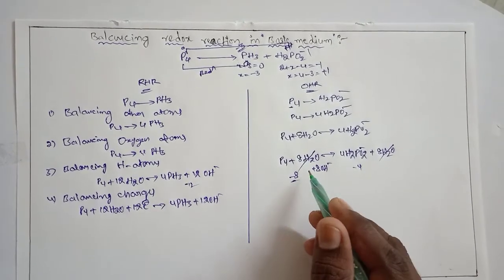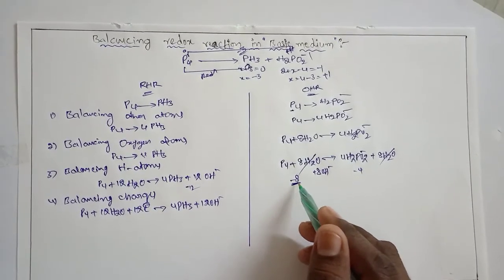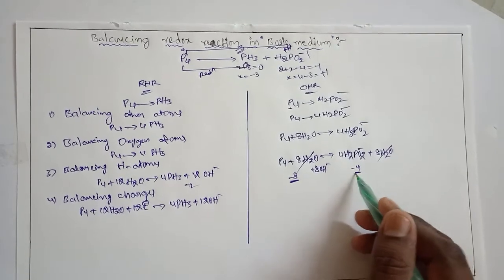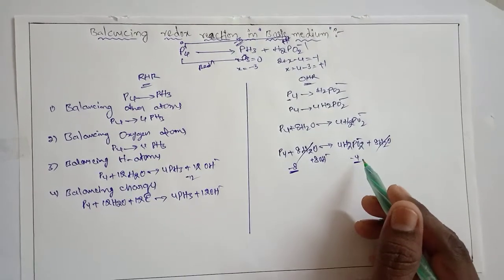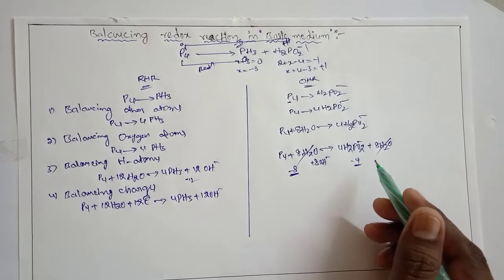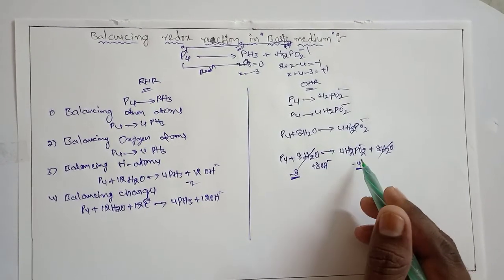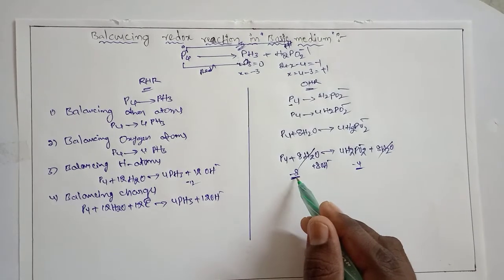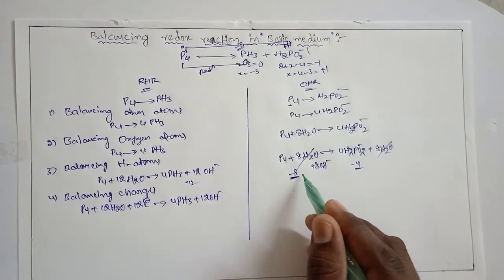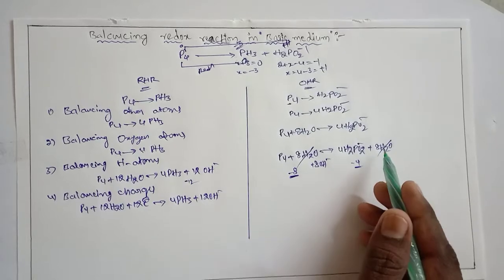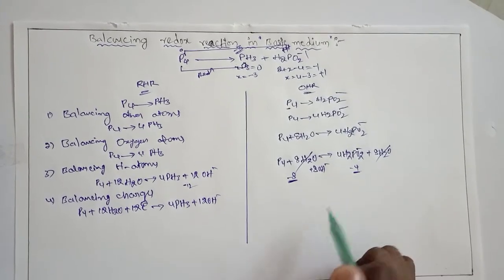Minus 8 is nothing but 8 electrons in excess on the left side. Minus 4 is nothing but 4 electrons in excess on the right side. Comparing these two, the left side has 4 electrons in excess, so we add 4 electrons to the right side of the reaction.